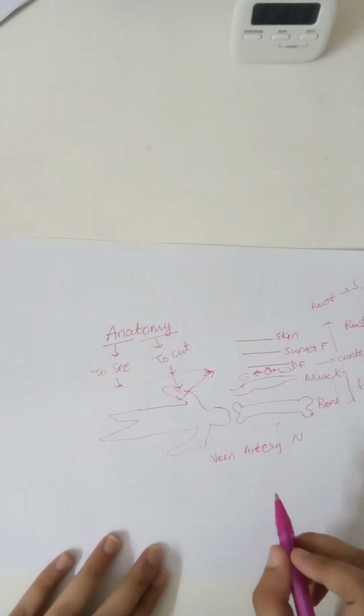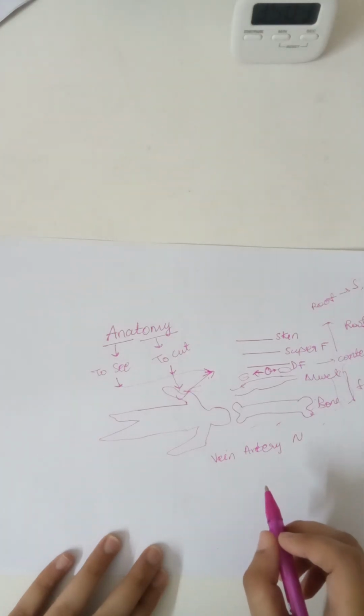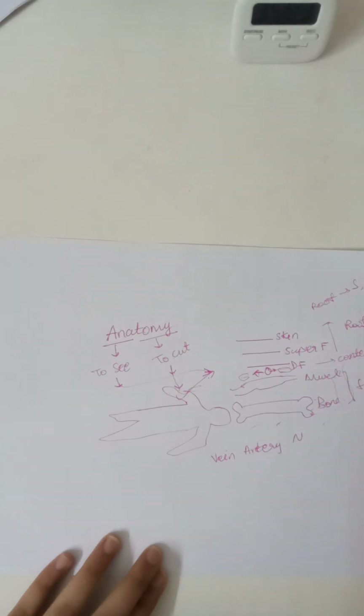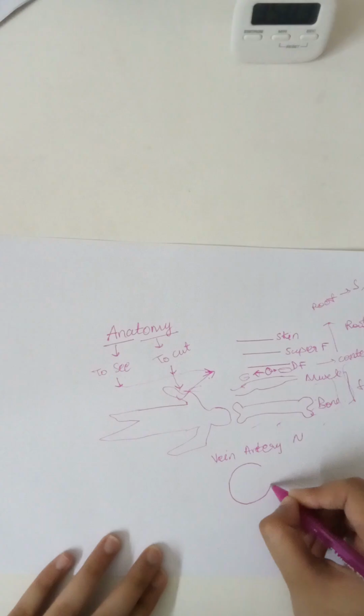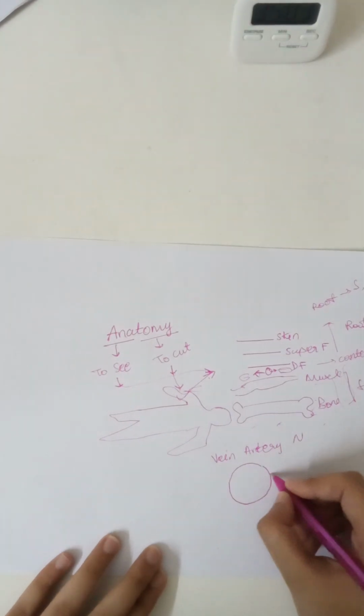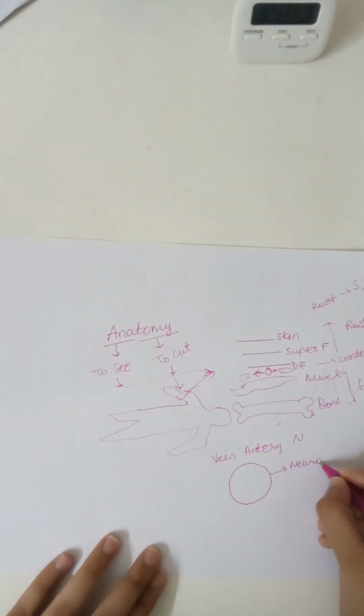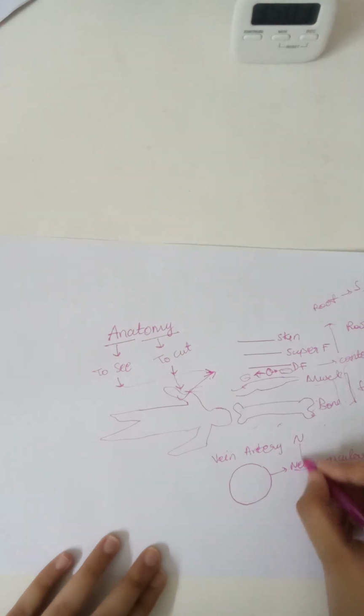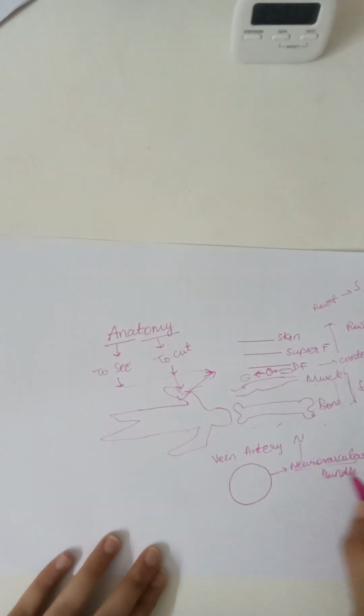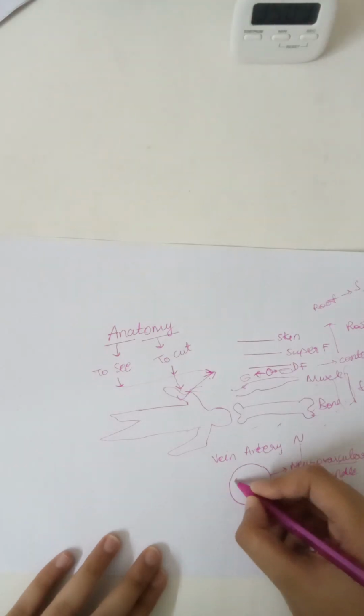And these stay in between deep fascia and muscle. They form a protective covering known as the neurovascular bundle. Neuro means nerve, and vascular suggests blood vessels. It covers vein, artery and nerve.